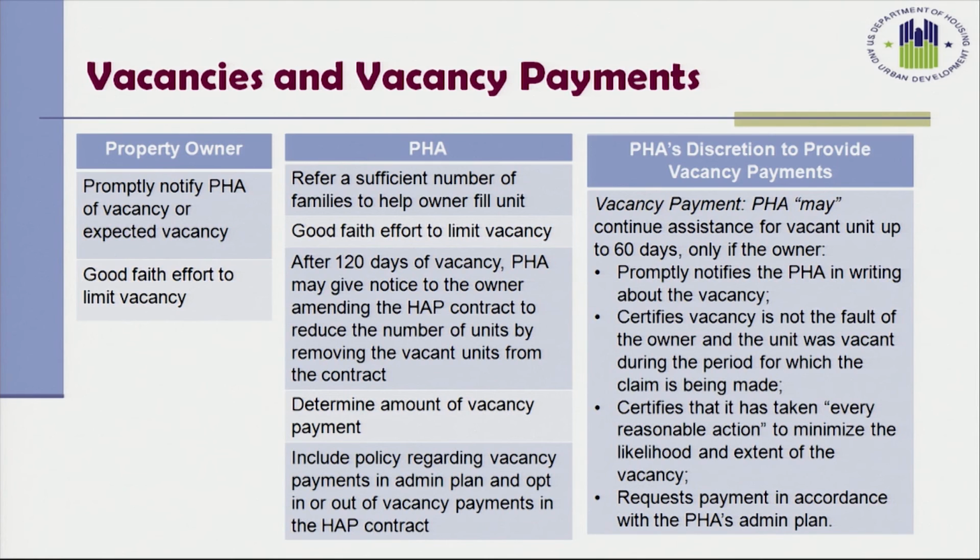In regard to the PHA's discretion to provide vacancy payments, the PHA may continue assistance for vacant units up to 60 days only if the owner promptly notifies the PHA in writing about the vacancy, certifies vacancy is not the fault of the owner, and the unit was vacant during the period for which the claim is being made, certifies that it has taken every reasonable action to minimize the likelihood and extent of the vacancy, and requests payment in accordance with the PHA's administrative plan.